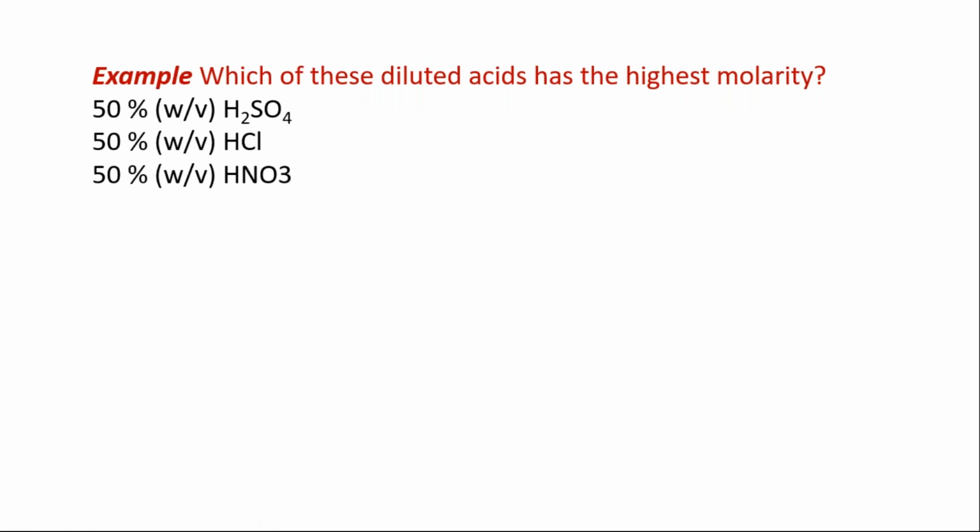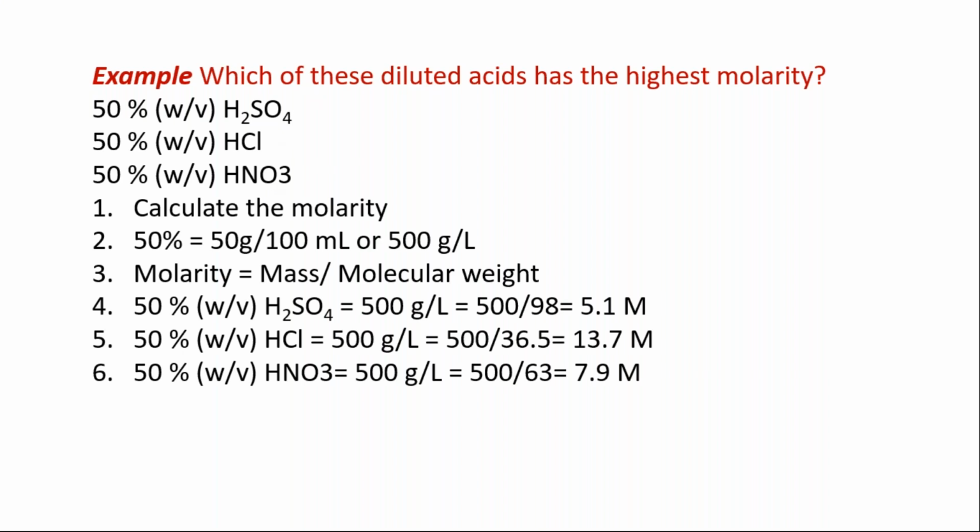Now, a question on these: which of these dilute acids has the highest molarity? There are three dilute acids, which are all 50% weight by volume, and you have been asked to find which of these has the highest molarity. So we need to calculate the molarity, and we need to know the molecular weight of all three acids. 50% is 50 grams per 100 ml, or 500 grams per liter.